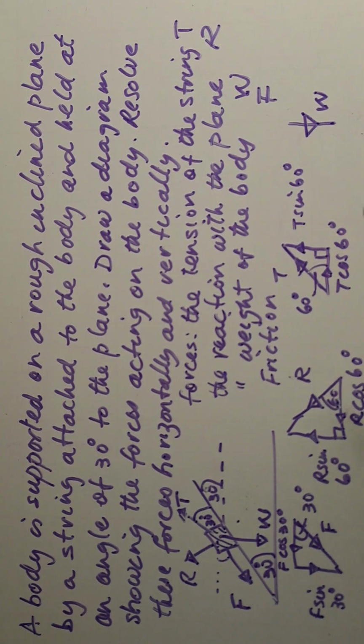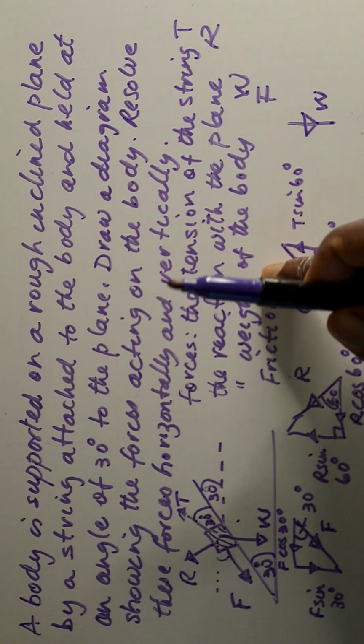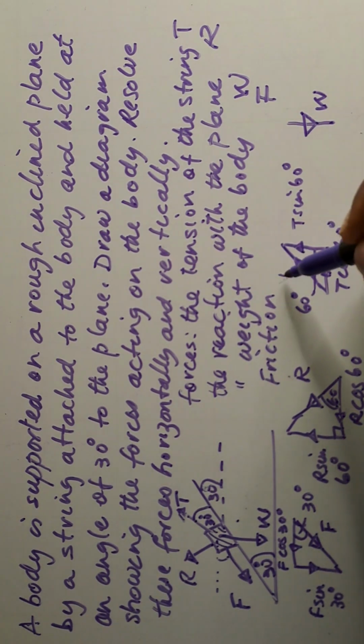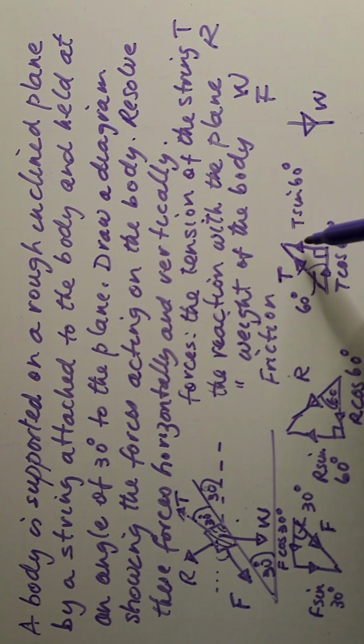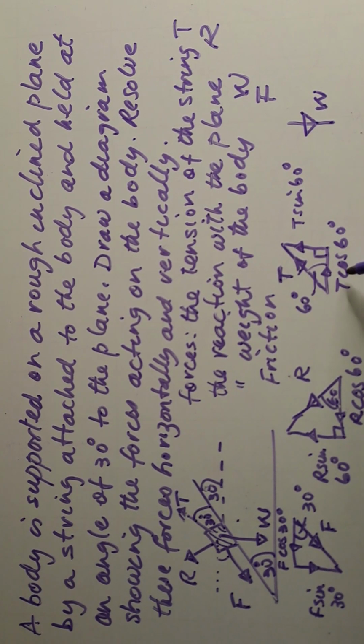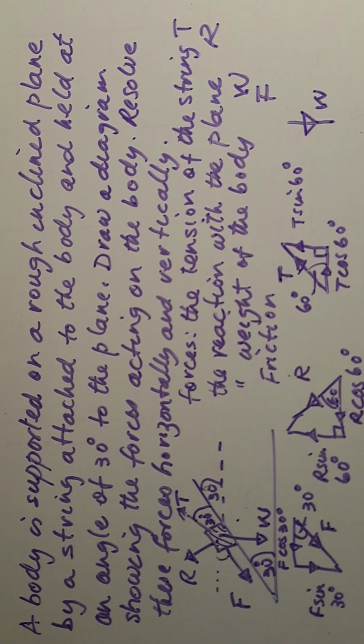Oh no, yeah, we do have the tension here, T. Tension in the string is the resultant of T cosine 60 and T sine 60, to give us the tension in the string.